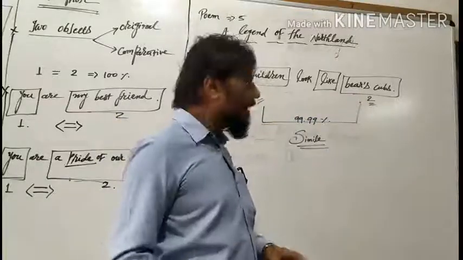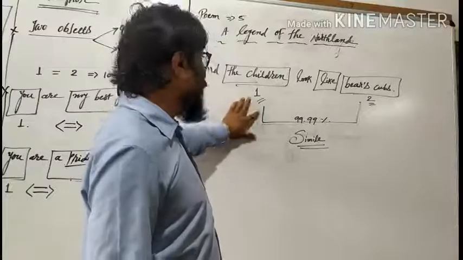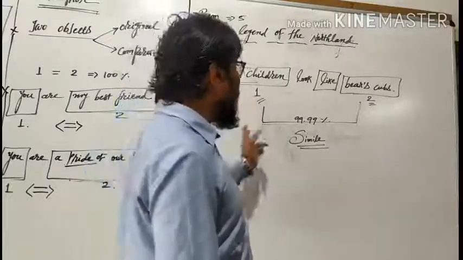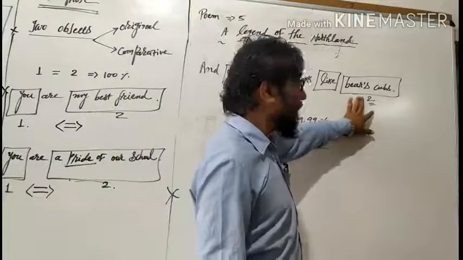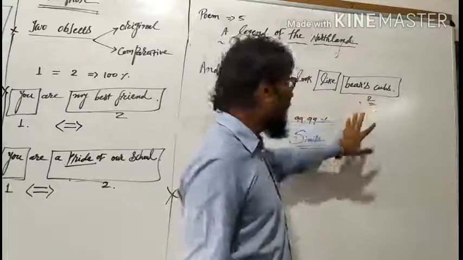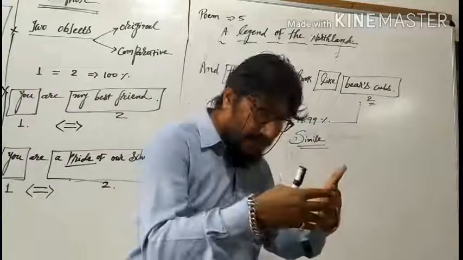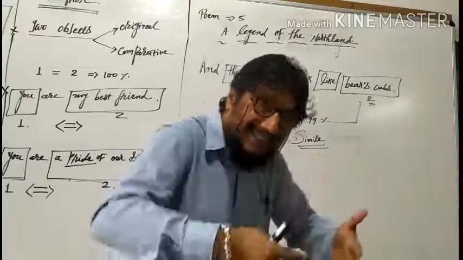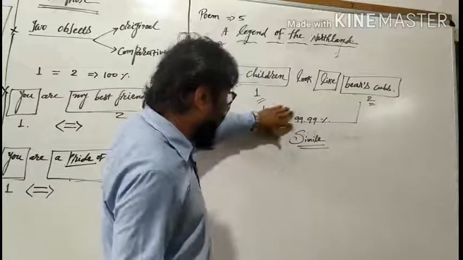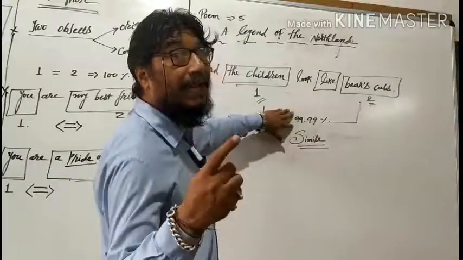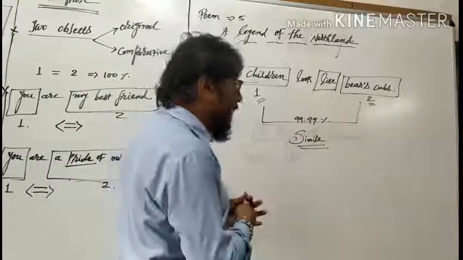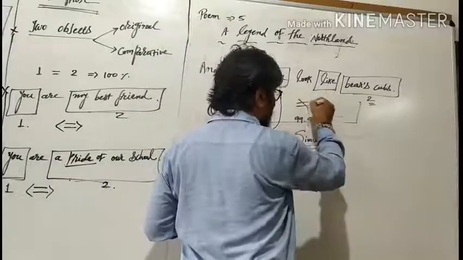You see here, the children is the original aspect, bear's cubs is the comparative aspect. They are looking the same up to 99.99%. Here 100% is not given.